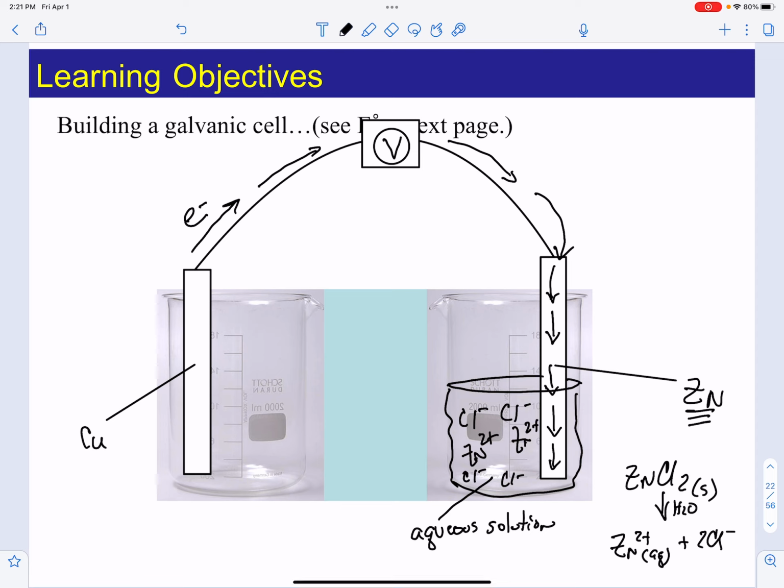So there's 2 chloride for every zinc 2 plus. However, in this particular situation, the chloride is not going to be a player. So for the purpose of clarity, I'm going to designate those spectators. So they're there, but we don't care about them. I'm going to have a lot of zinc 2 plus.